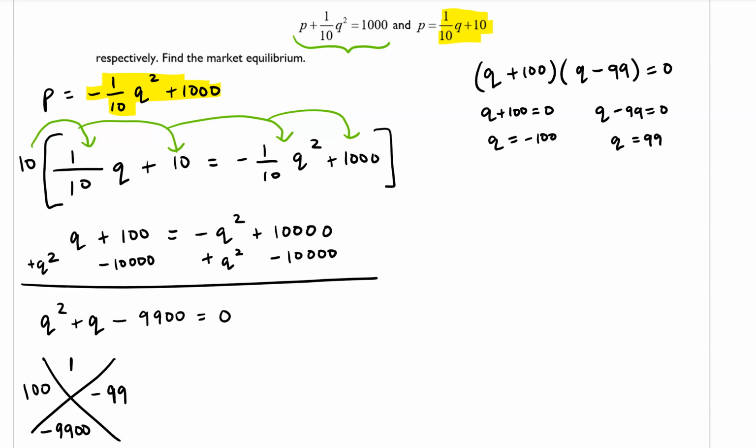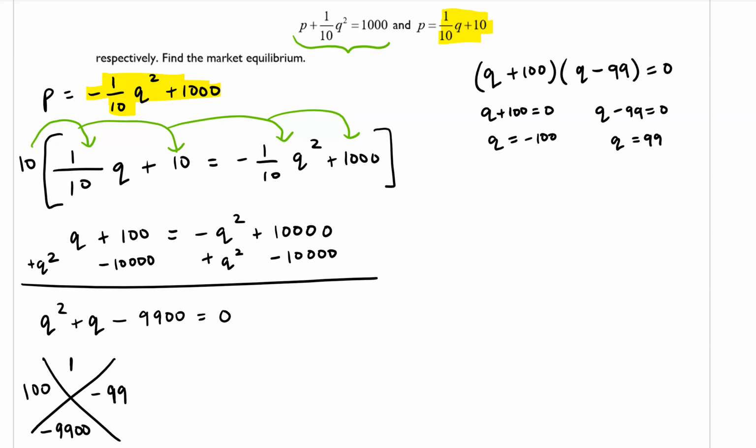Now, in terms of economics, when we're talking about supply and demand, the p variable in these equations represents the price, and the q represents the quantity that we need to sell so that we reach market equilibrium. And in the context of economics in these types of problems, when we're selling items, it doesn't make sense to say that we need to sell negative 100 items.